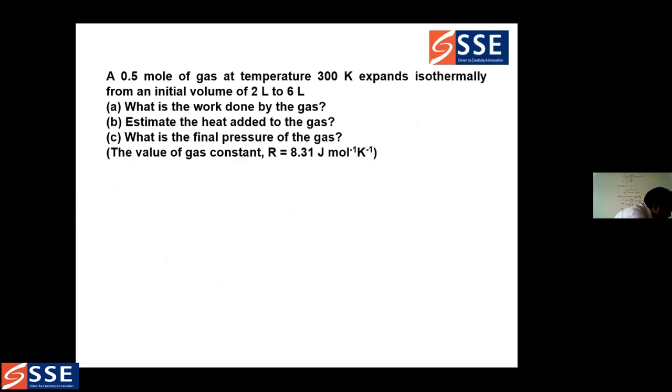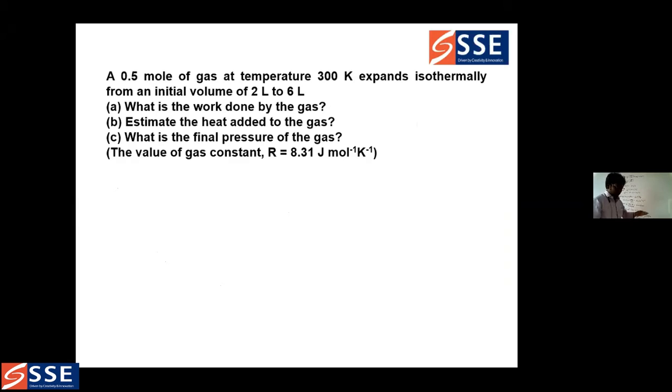Now we'll see an example for the isothermal process. 0.5 mole of gas at temperature 300 Kelvin expands isothermally from an initial volume of 2 liters to 6 liters.